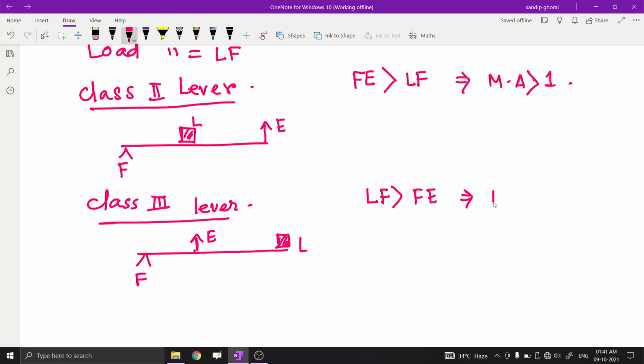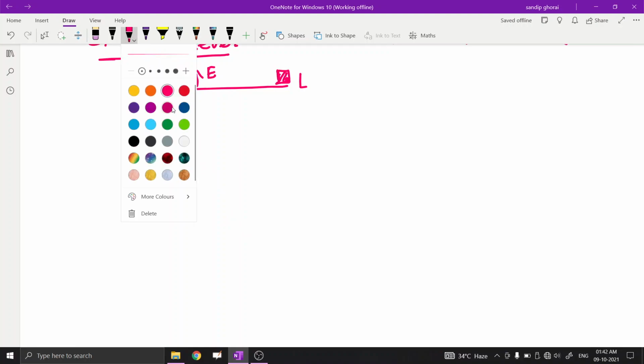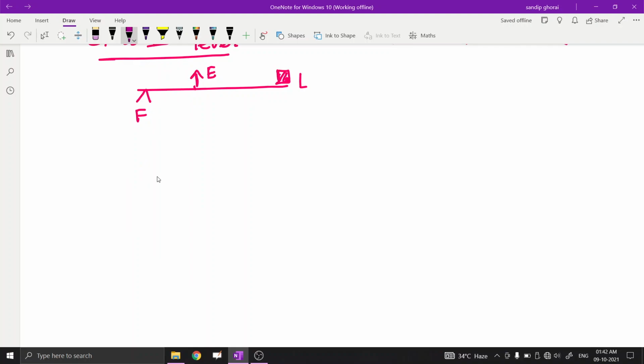That means mechanical advantage is less than 1. Okay, so this is the basic concept of three types of lever. That was actually discussed in previous class, but today we repeat it in a broad way. And next we discuss our second machine, which is inclined plane.